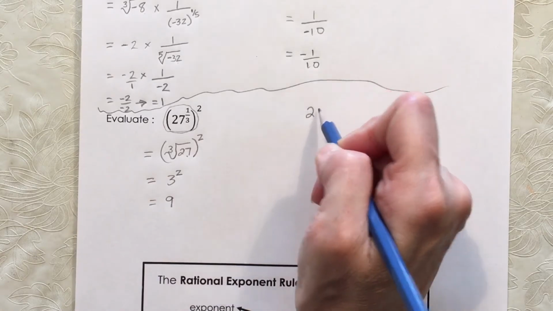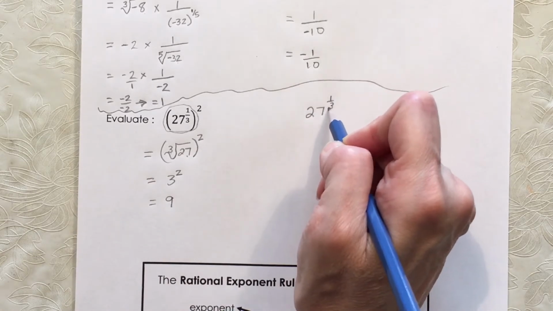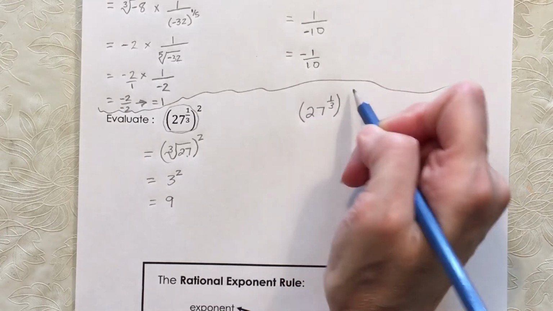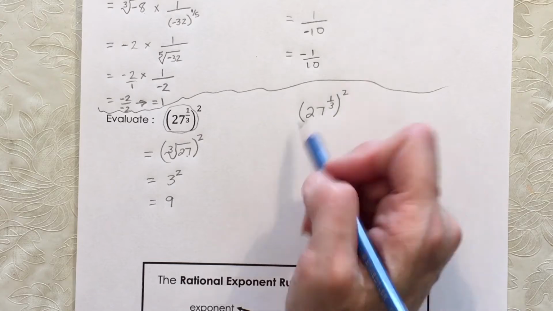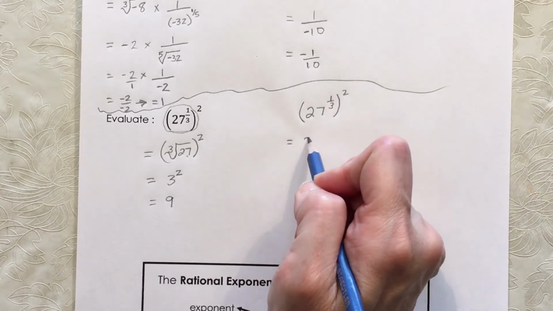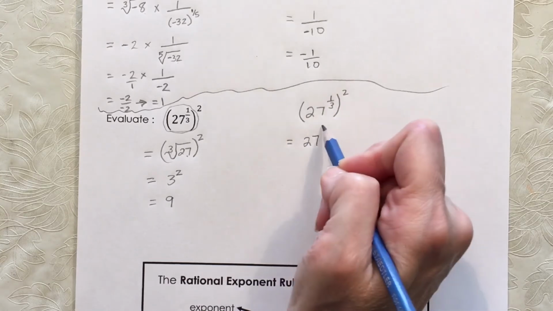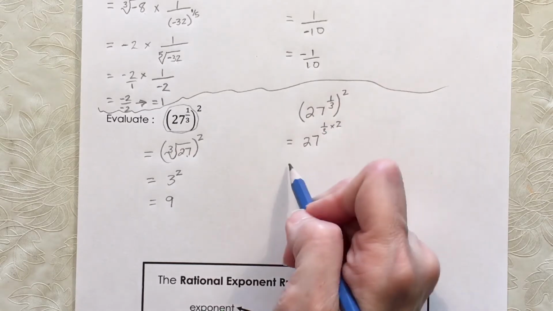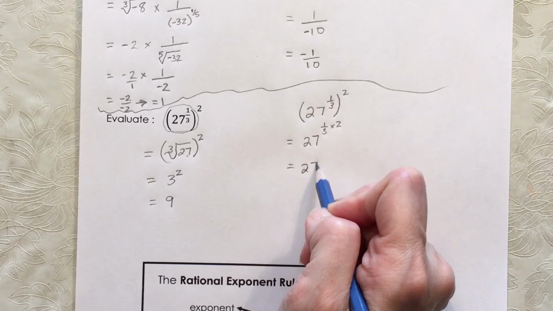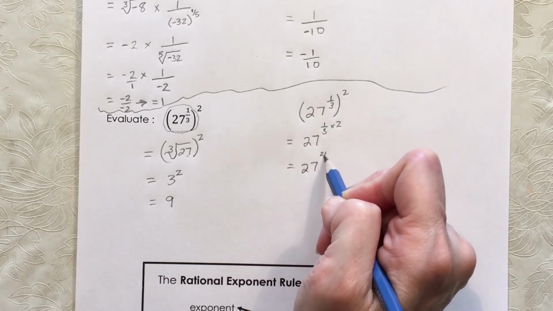Now, if we look at this question in another way, using exponent rules, we have a power to another exponent. That says we keep the base the same, 27, and we multiply the exponents. If you multiply 1/3 and 2, you get 2/3.